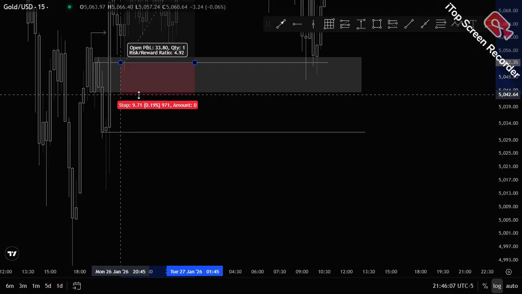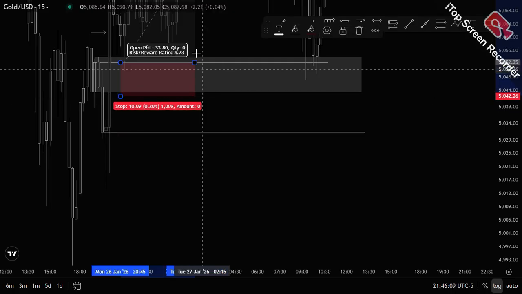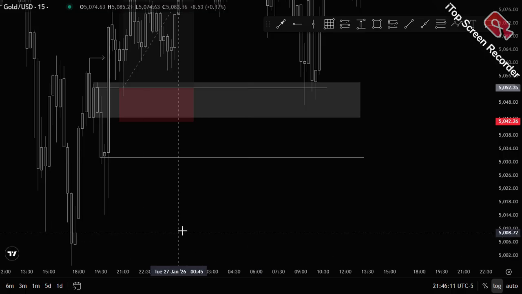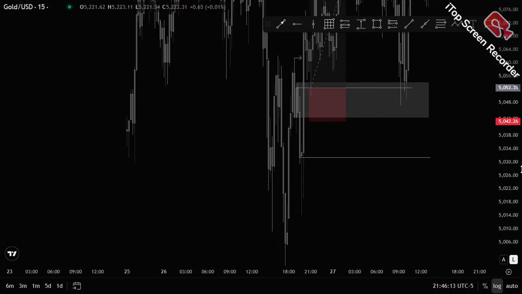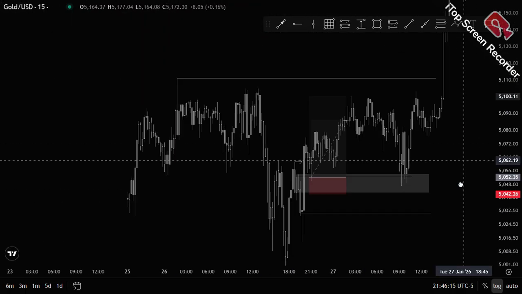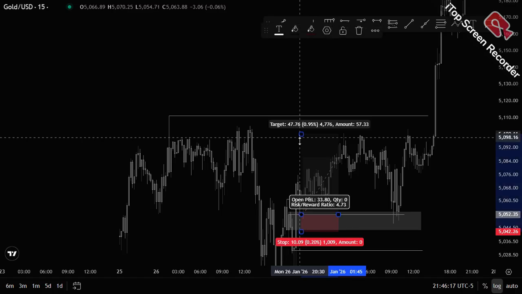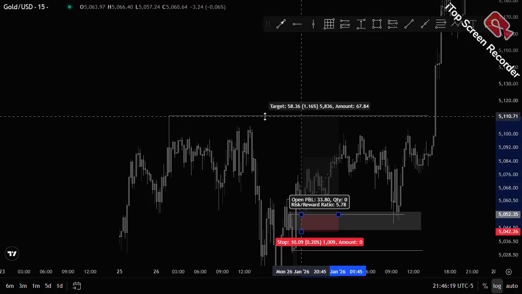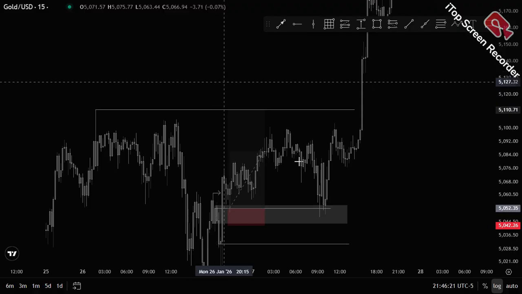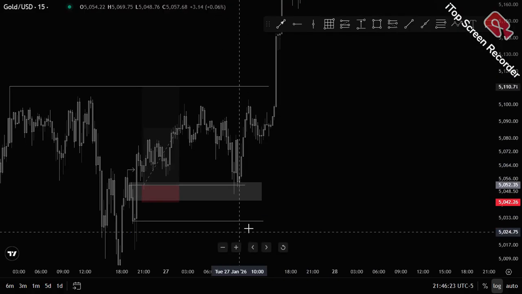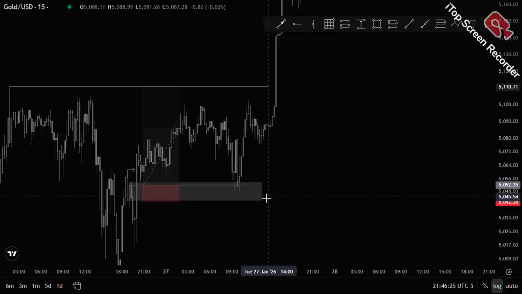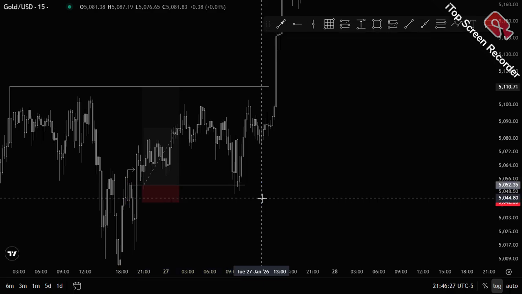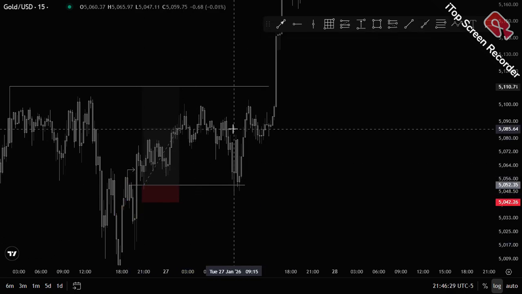So we're risking 10, and then our take profits will be at the high that we're expecting a break from. So this would have been our first entry, but that did not happen.